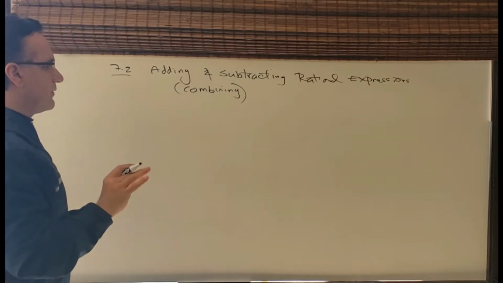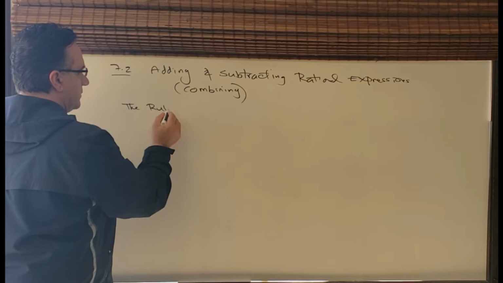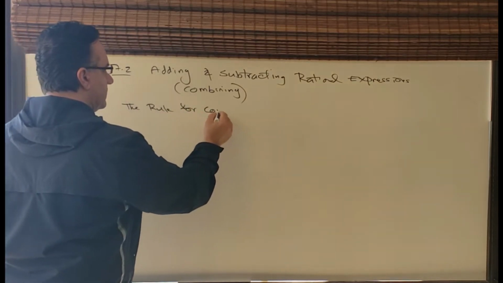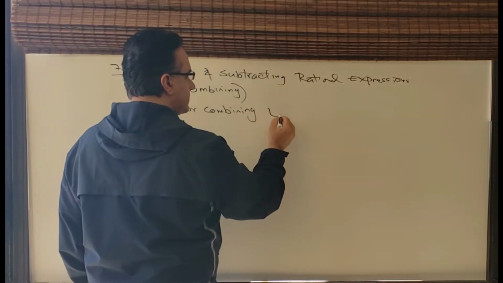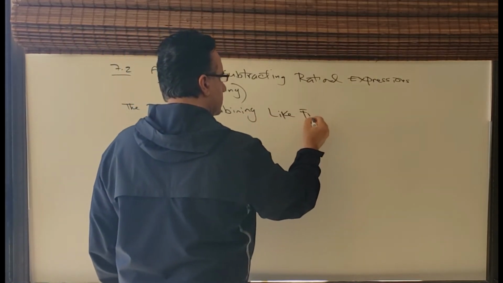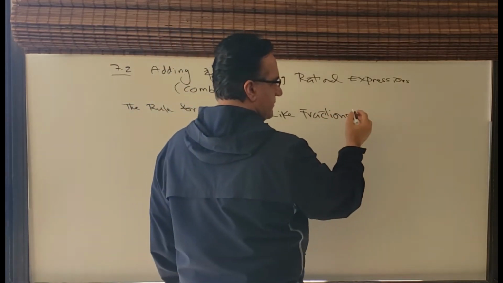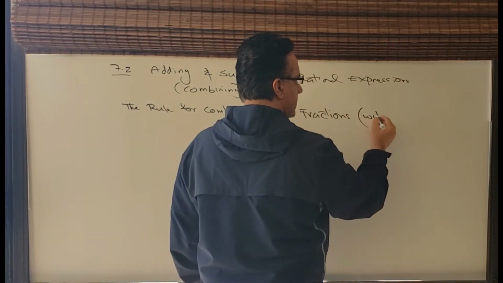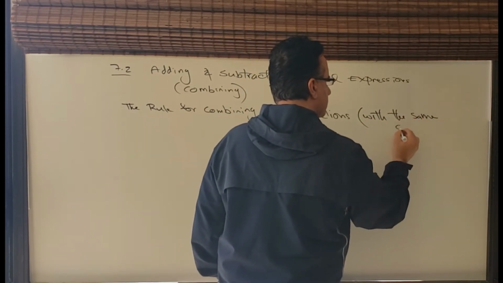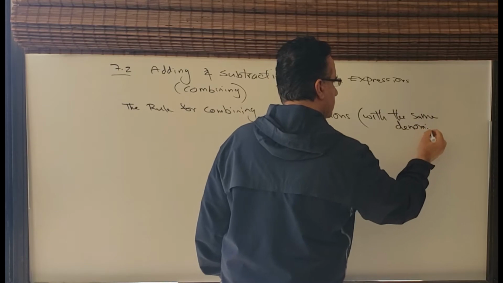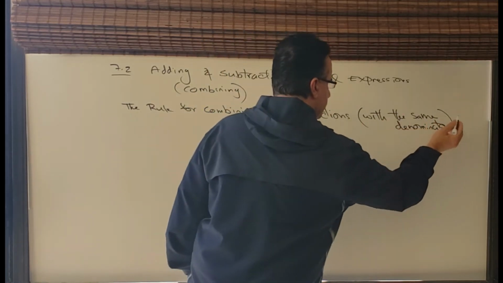Okay, so if you remember, the rule for combining like fractions, which are simply fractions with the same denominator, is very simple.